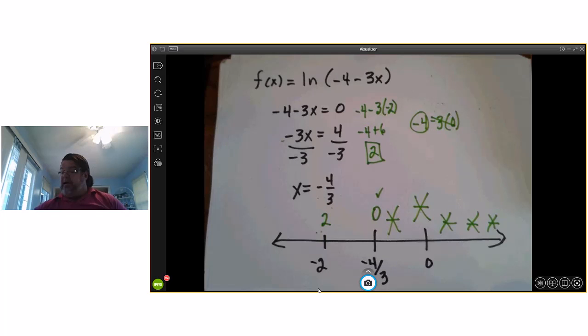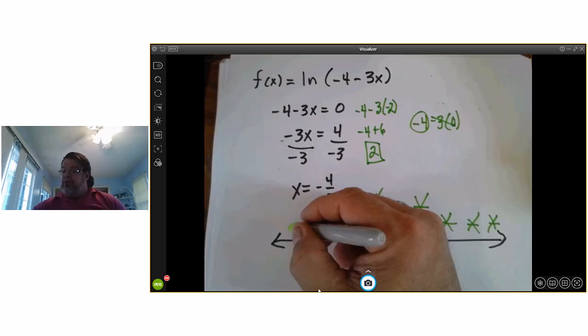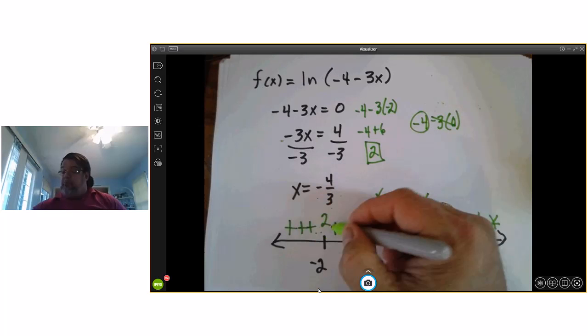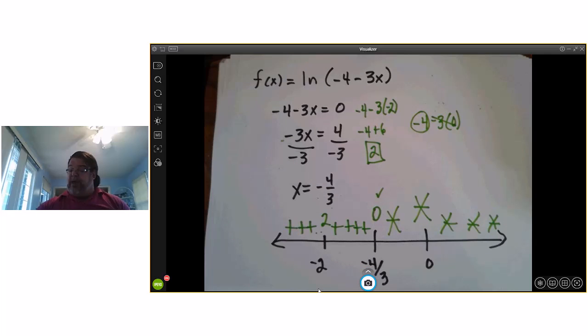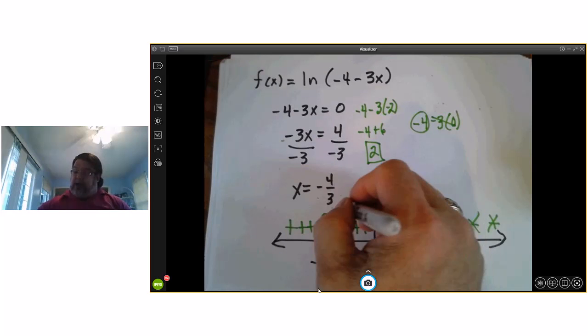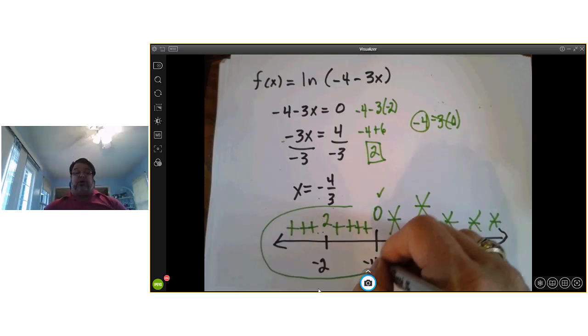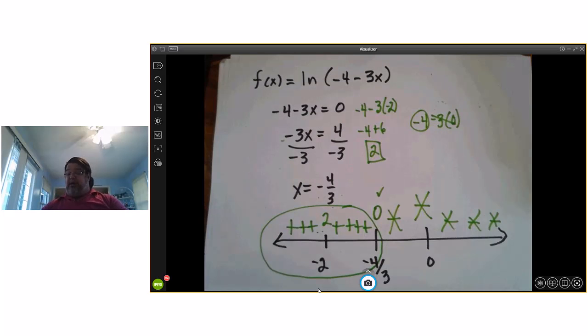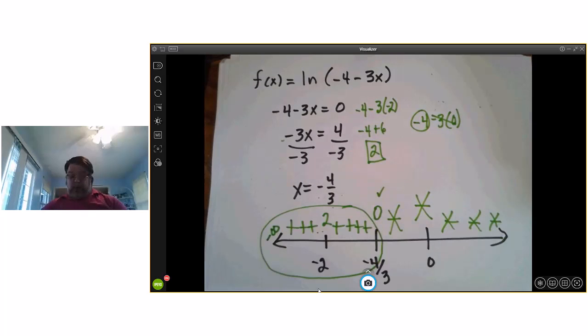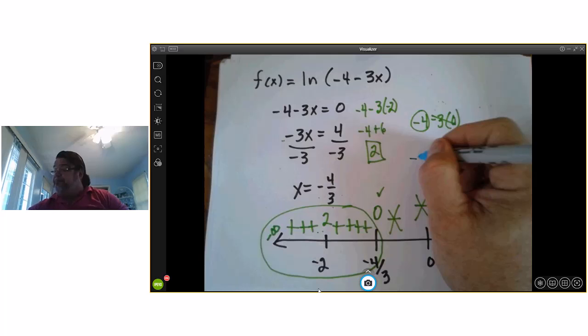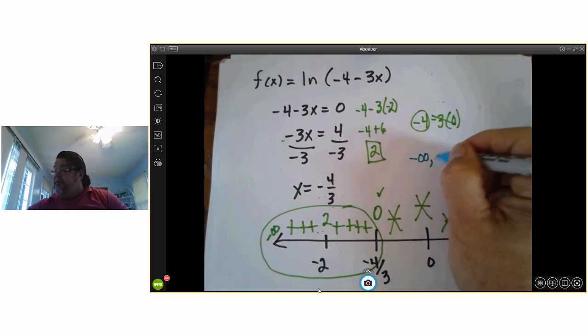So that means everything to the left of negative 4/3 will give me positive numbers. So I want my domain to be positive numbers. So my domain is going to be from negative infinity to negative 4/3. So my domain is negative infinity to negative 4/3.